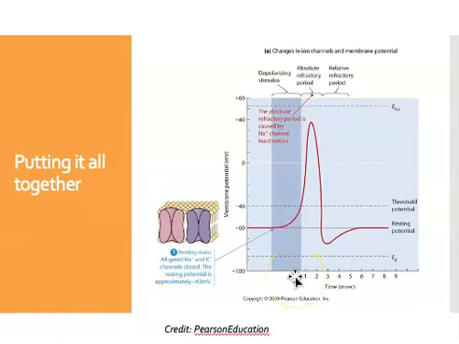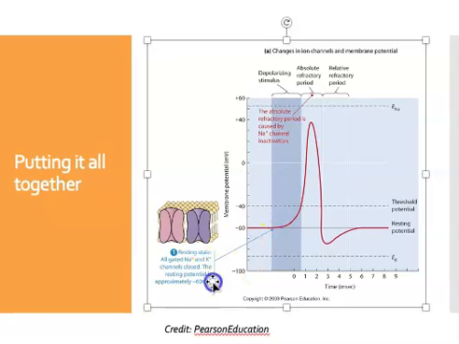So at the very beginning of all of this, we have a neuron at rest at minus 60 millivolts, holding steady. There are some ions leaking through the channels here, but that's okay because the sodium-potassium ATPase pump is pumping those ions right back, maintaining the ion gradients. At rest, both of our ion channels are closed.